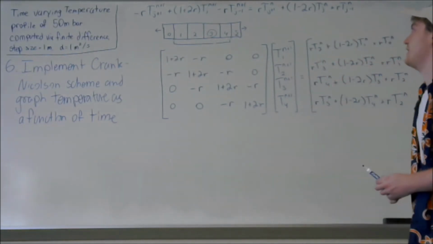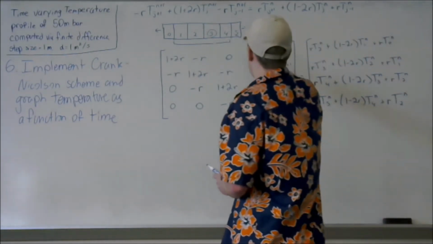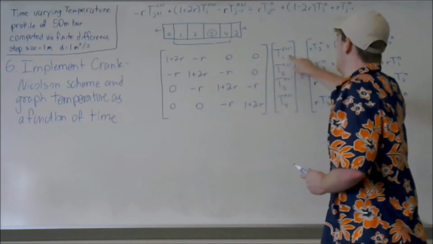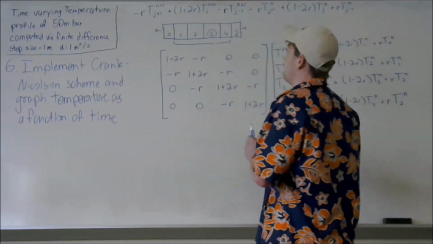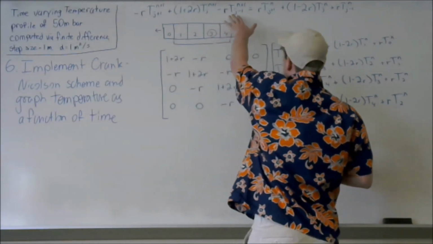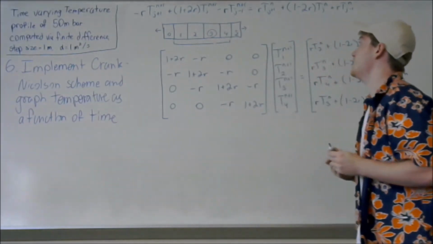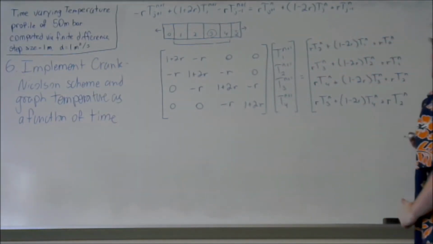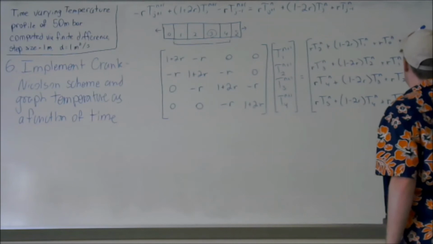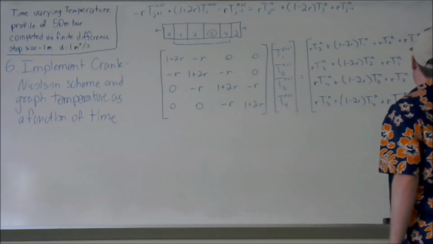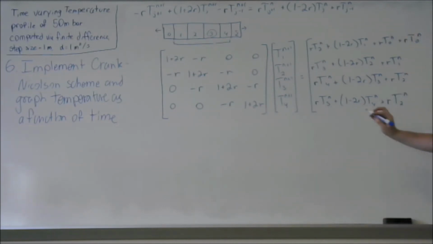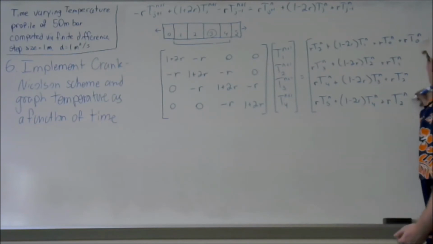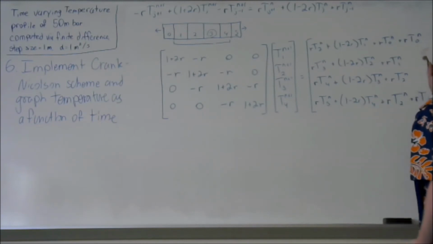We need to account for that because, for example, in this top row, if we had a row above, we wouldn't have been able to put this part of the equation in. So to make up for that, we need to add an extra r t0 of n here, and then the same idea applies for the bottom, plus an r t 5 of n.